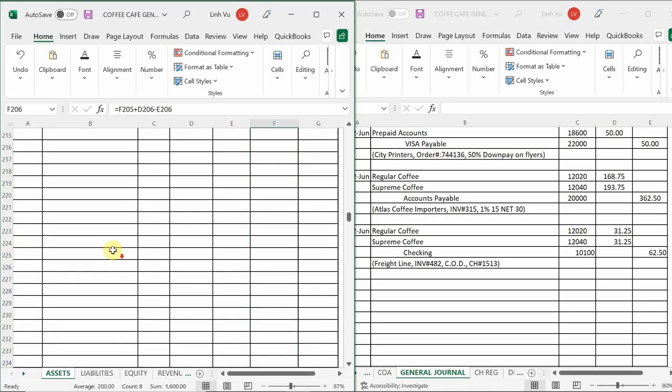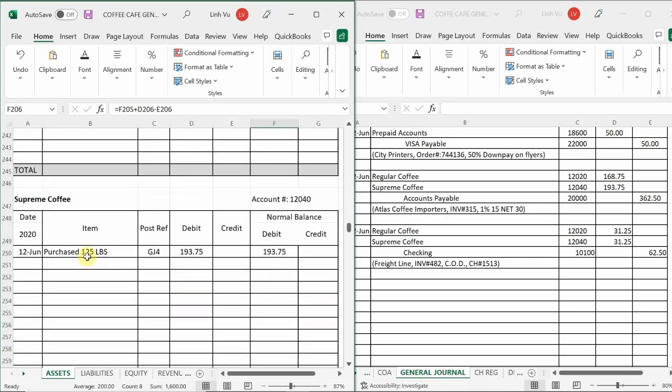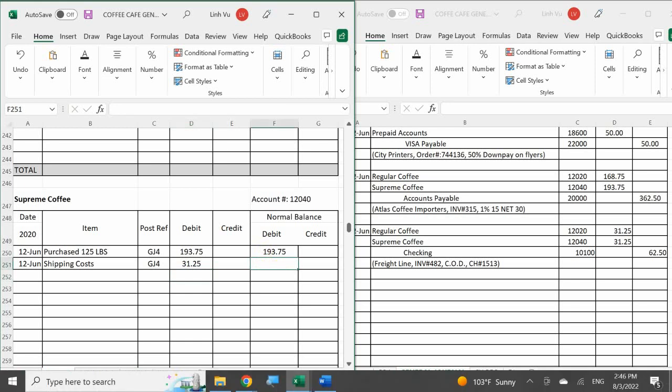We do the same thing for my Supreme Coffee, shipping costs for $31.25. How much is going to be in my Supreme Coffee account? $225.